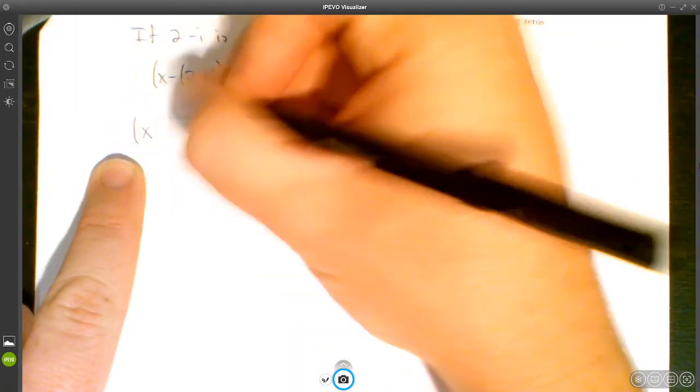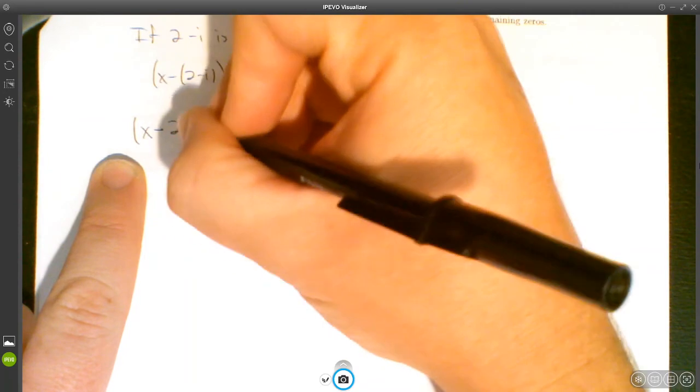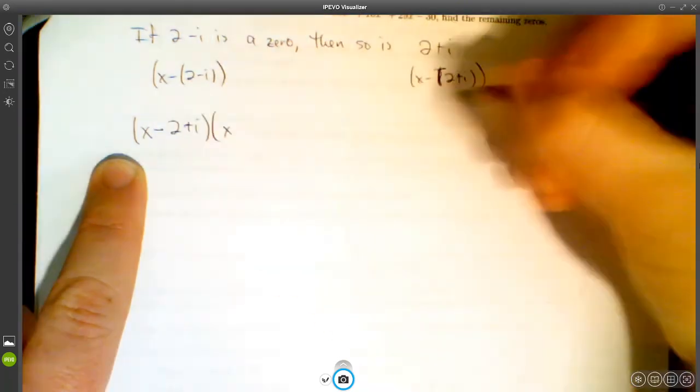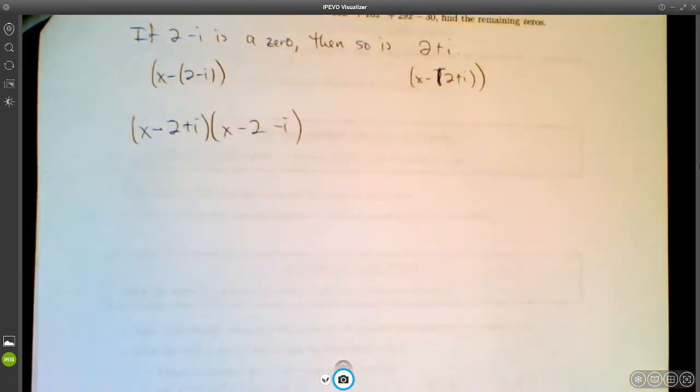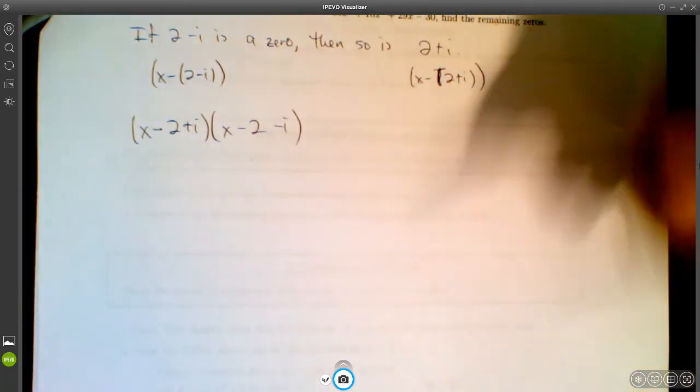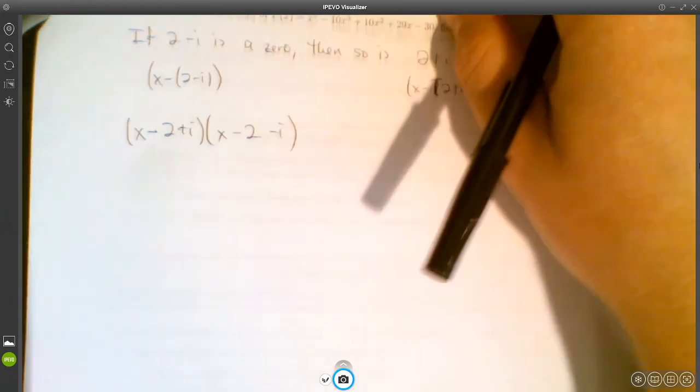So that means that their product, x minus 2 plus i times x minus 2 minus i, is a factor of p, right? So let's see what this product is.